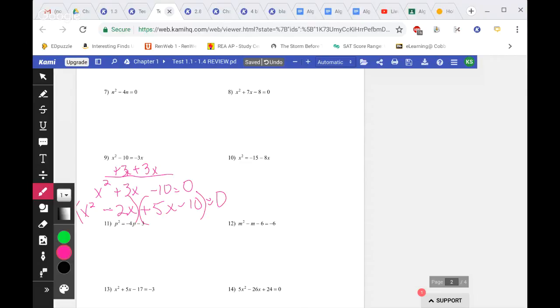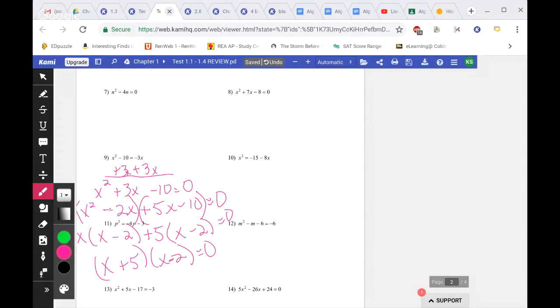Okay, so then you can factor out an x here. And here I can factor out, oops, my bad, I can factor out a 5. Then my two factors are x plus 5, x minus 2 equals 0.